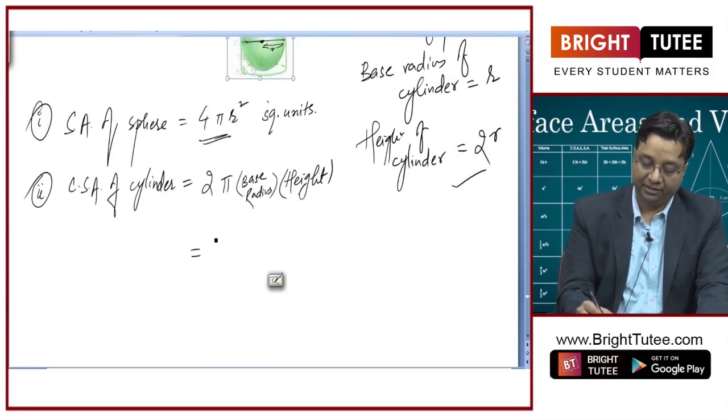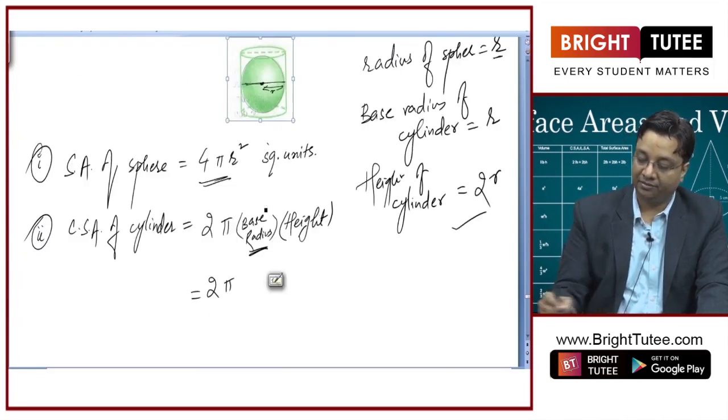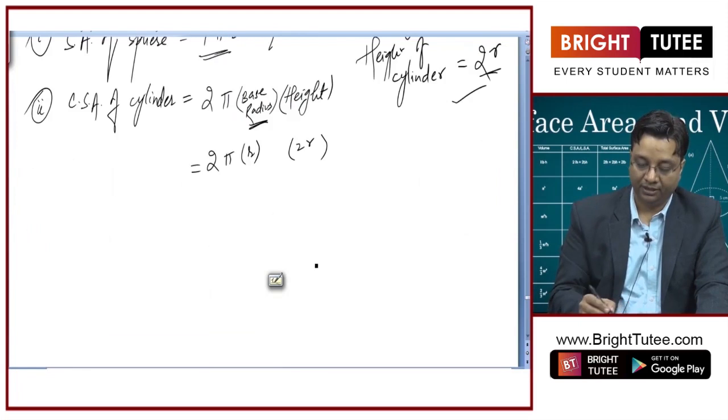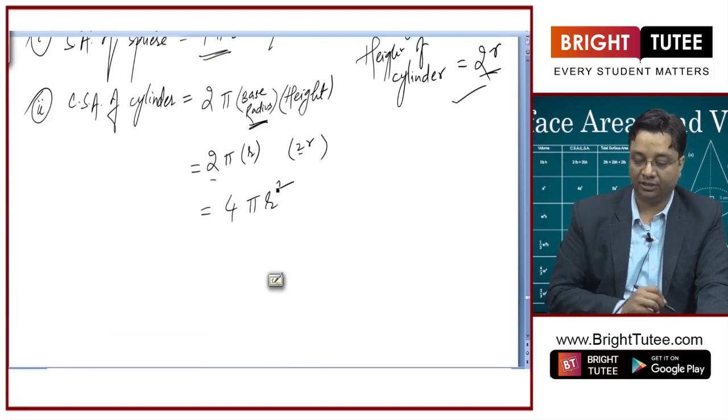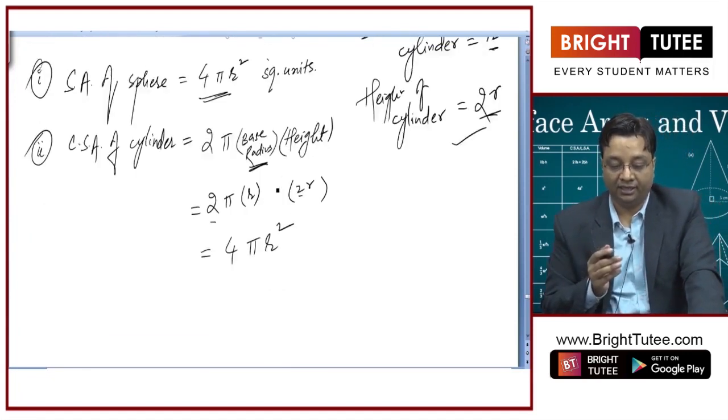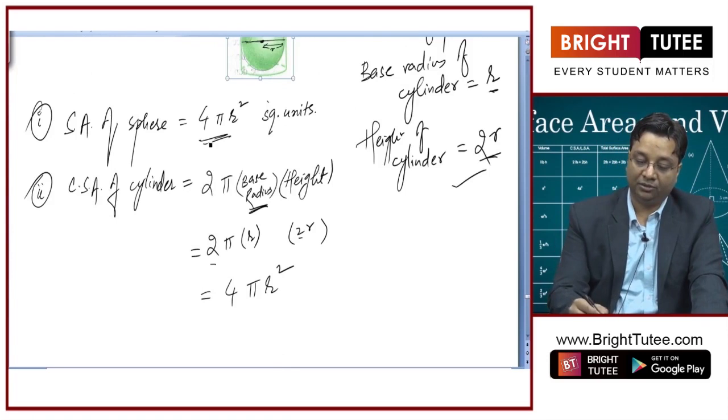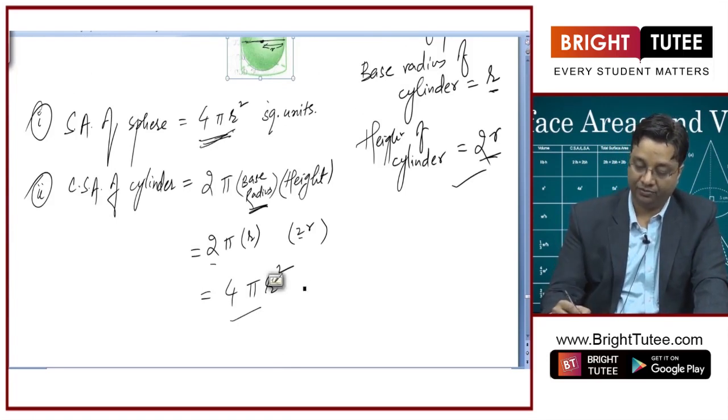So let's replace base radius by r and height is 2r. So it is 2 pi r into 2r. Now the answer will be 2 into 2 is 4 pi r square. So this is the curved surface area of cylinder, which is coincidentally same as the surface area of this sphere. So 4 pi r square, and we will write square units.